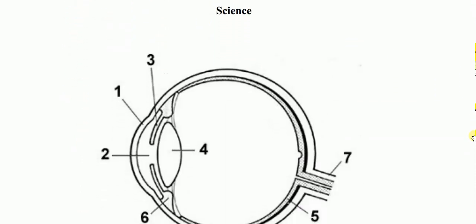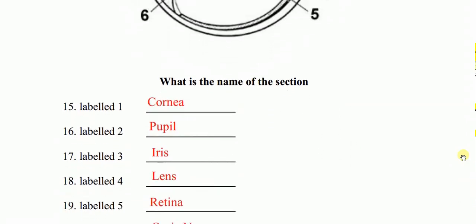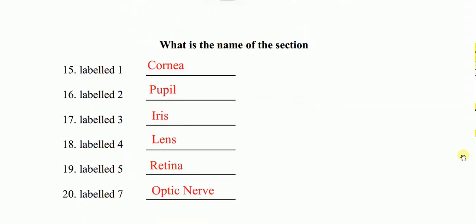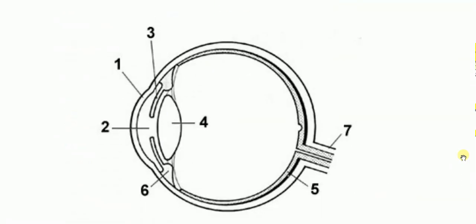We move on to science, and we have this diagram here, a diagram of the eye. Now it says, what is the name of the section labeled 1, 2, 3, 4, 5, and 7?